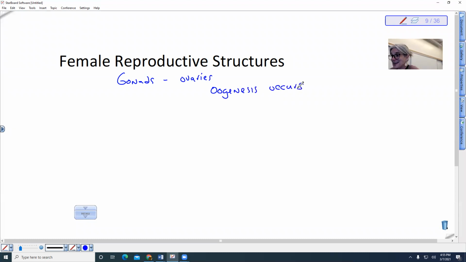One of the fascinating things about the reproductive tract of females is that the tubes that connect the ovary to the rest of the reproductive system are not directly connected to the ovary, that there's a little space. And so when the egg is ejected from the ovary, it's during ovulation. So this is where ovulation occurs. So this is the egg ejected from the ovary.